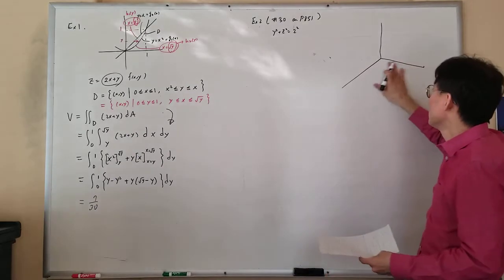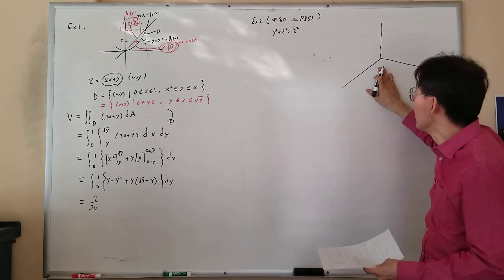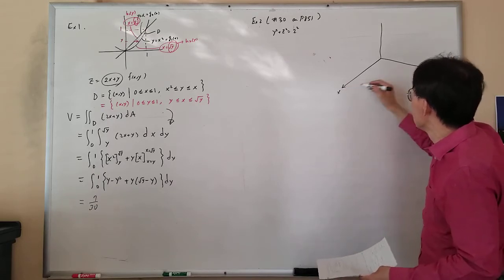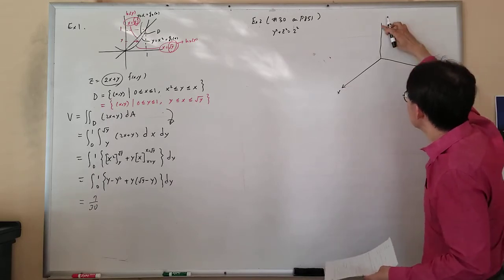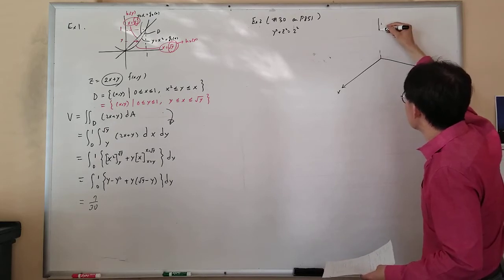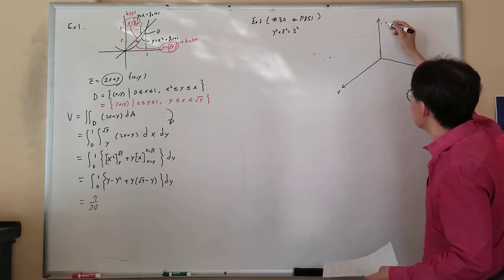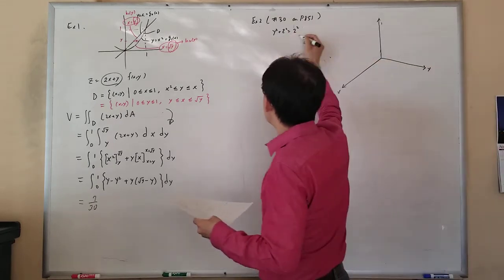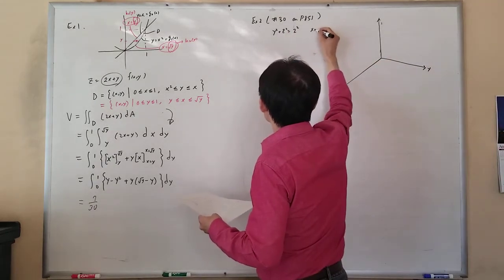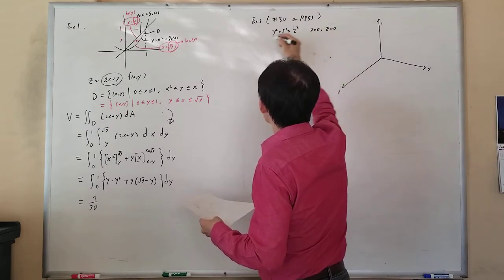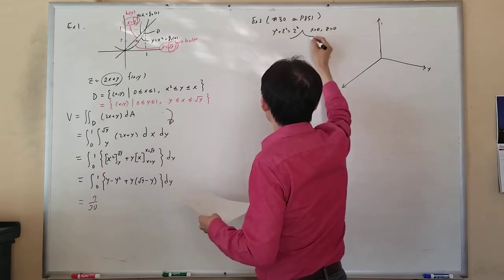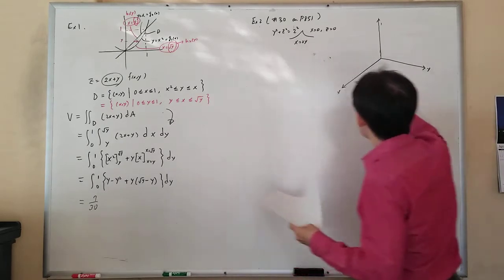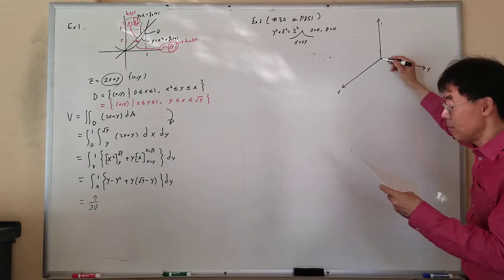Z equals 0 means the XY plane. X equals 0 means the YZ plane. And x equals 2y, or y equals 1/2 of x. So something like this.